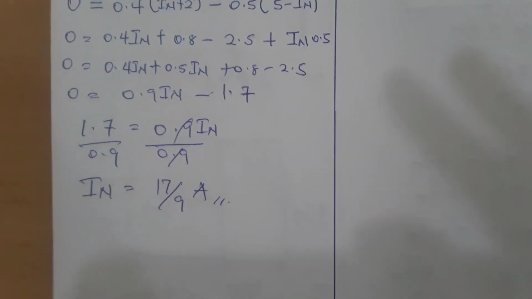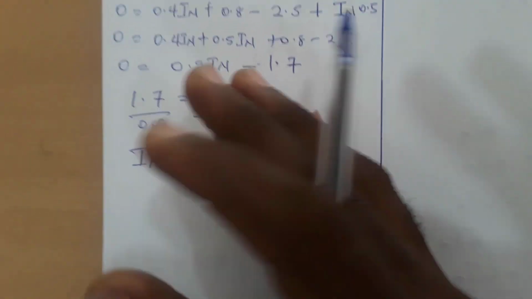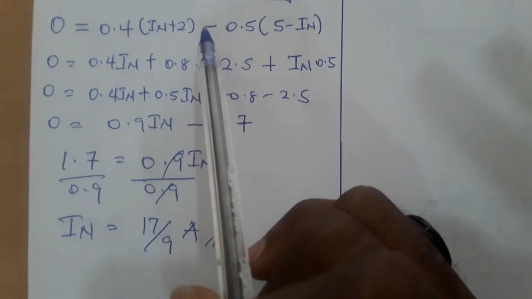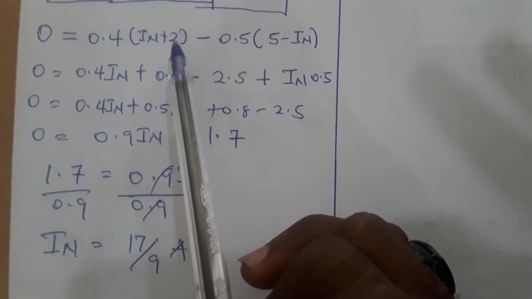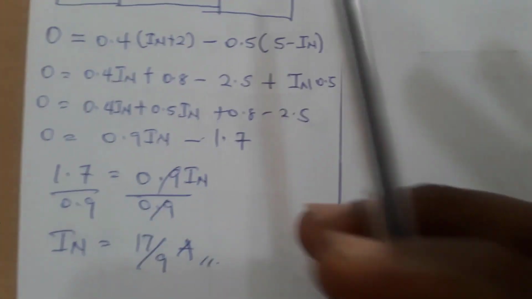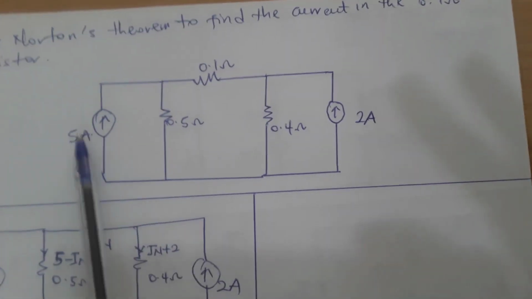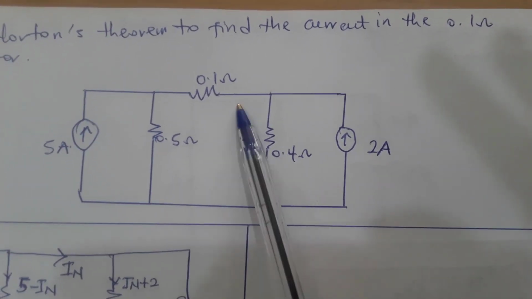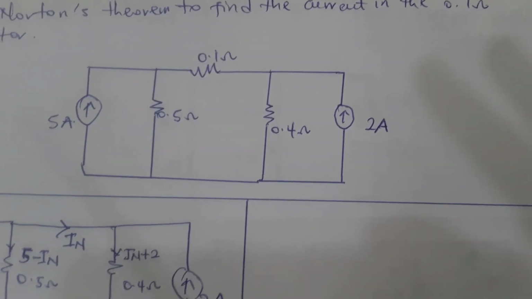In finding Rn, we deactivate all sources. I'll say again, if they are voltage sources, you short the sources, and if they are current sources, you open. In this case, you have two current sources. So we are going to open here and open here and look through the terminal and find our Rn.